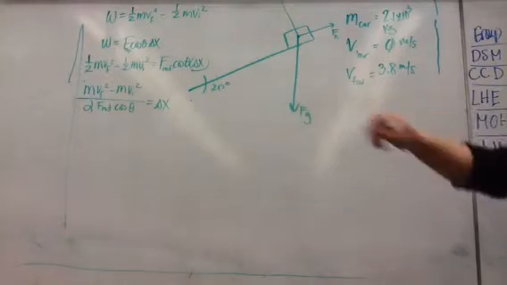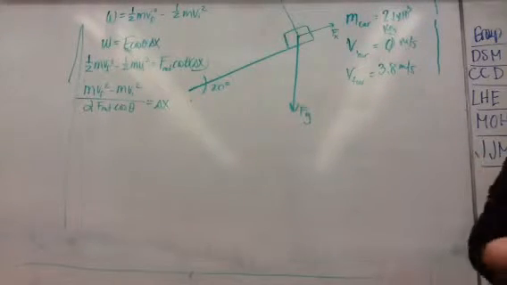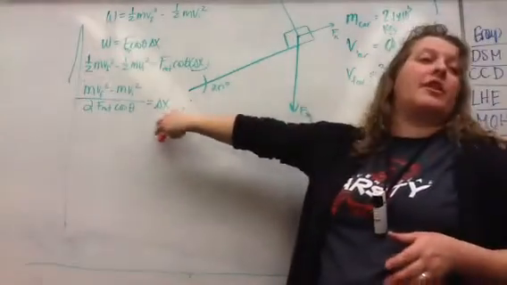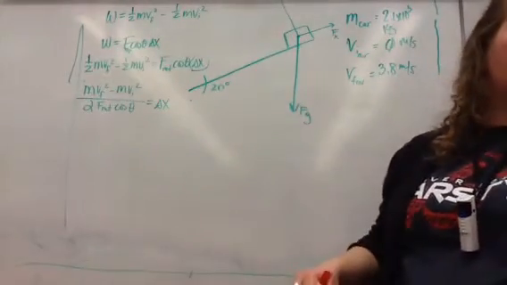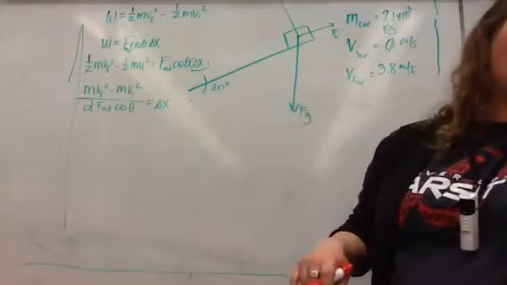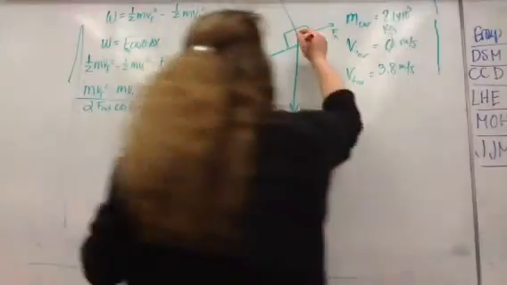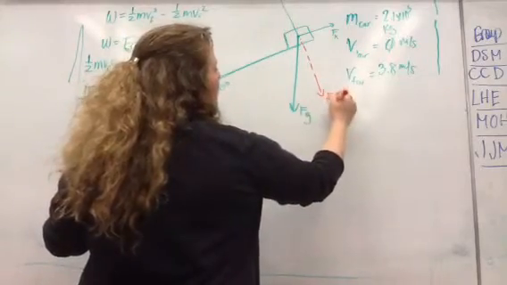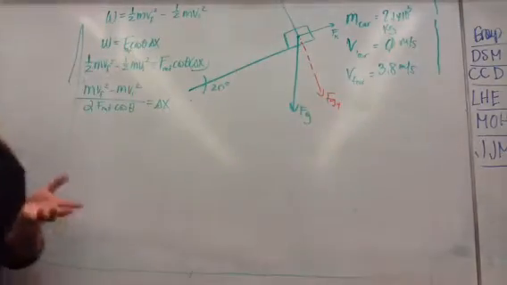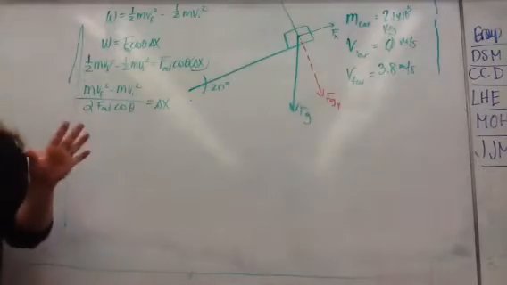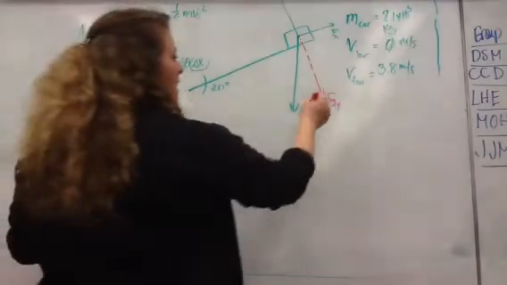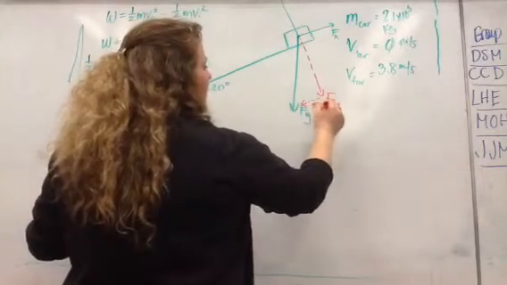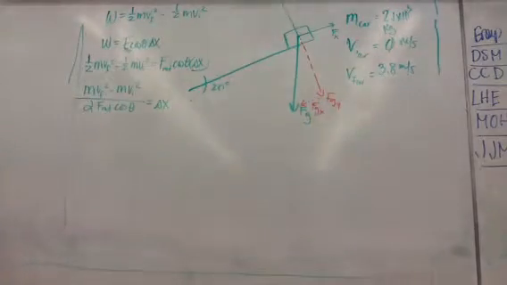Well, we're not given F net. We have to compute F net. I know, but that's most things. In here, you have everything you need except F net. Right. So I'm not going to finish this problem for you. But if we break down our gravitational force, we have F of g on the y. Well, we know that's got to be equal to normal force, and quite frankly, we don't care. We also have F of g on the x, right?